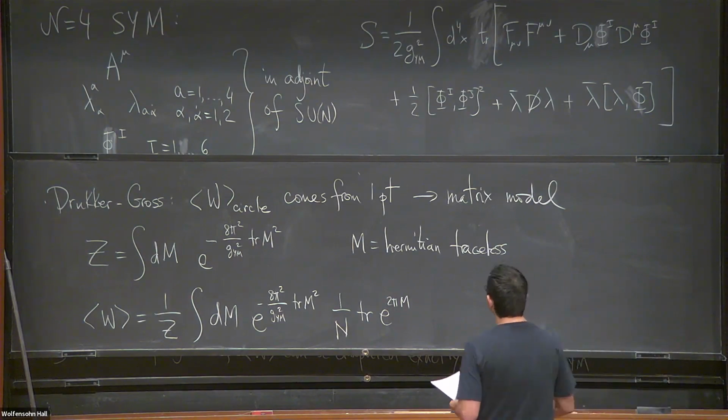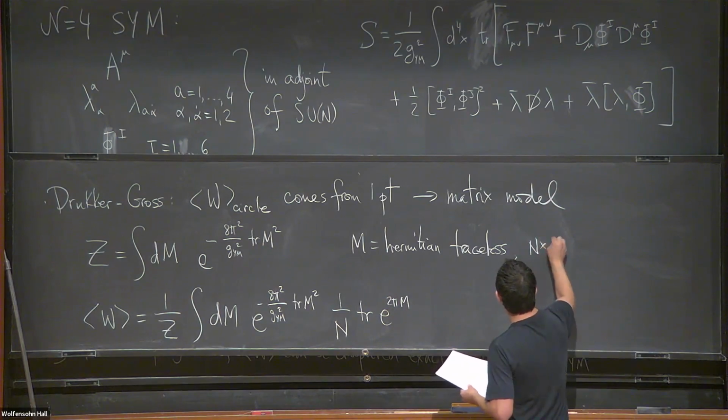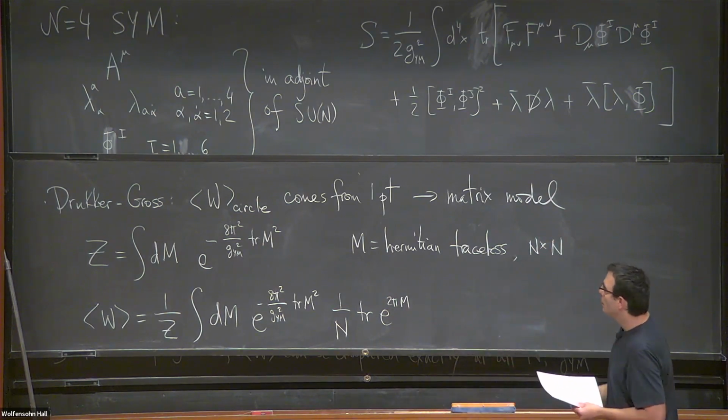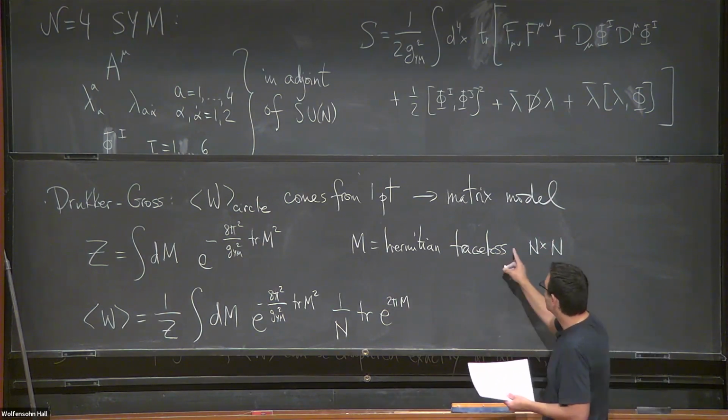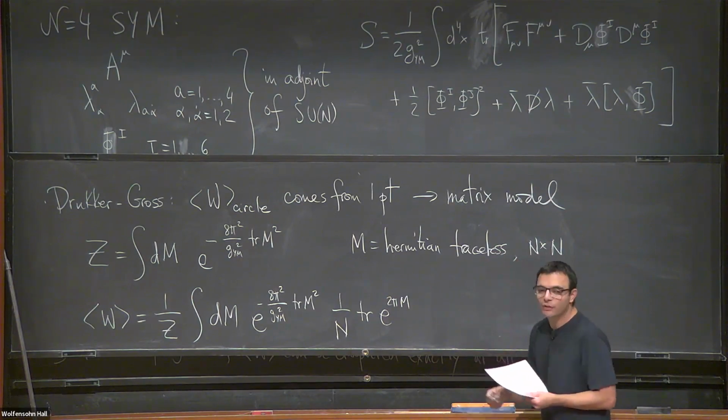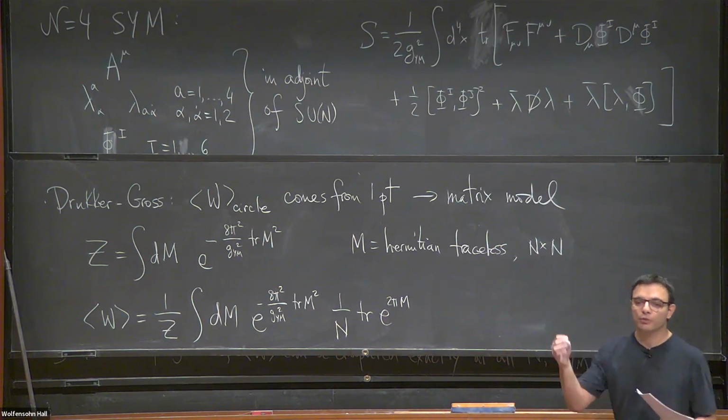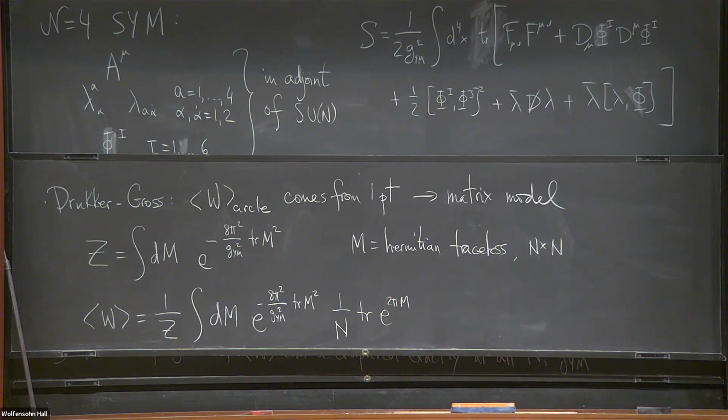It's N by N Hermitian traceless, that would correspond to SU(N). If we don't impose a tracelessness condition, then it would be U(N). It's obvious how to generalize it to other representations for the Wilson line, other gauge groups.